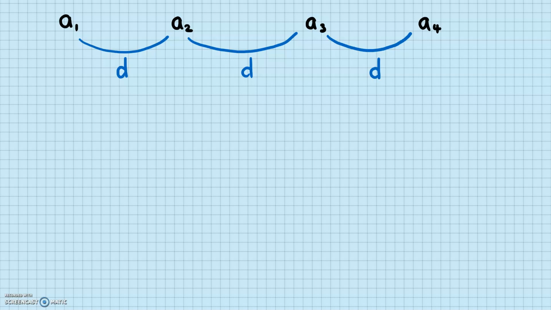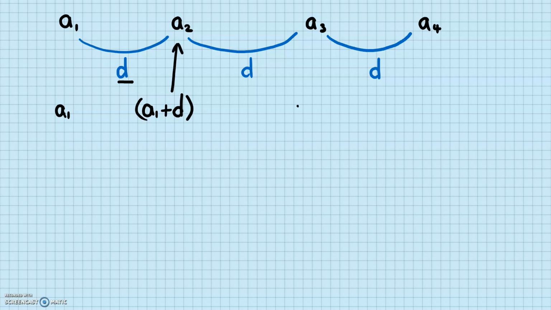I'm using letters here instead of numbers to generalize this. So using this chart here, our first term is going to be a sub 1. And our second term is going to be a sub 1 plus D, because this D is the common difference. And remember, this is going to be a sub 2.